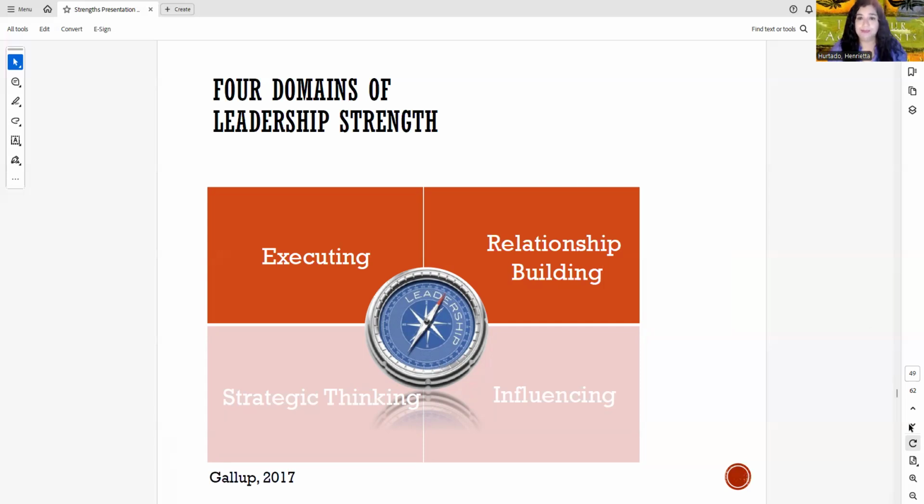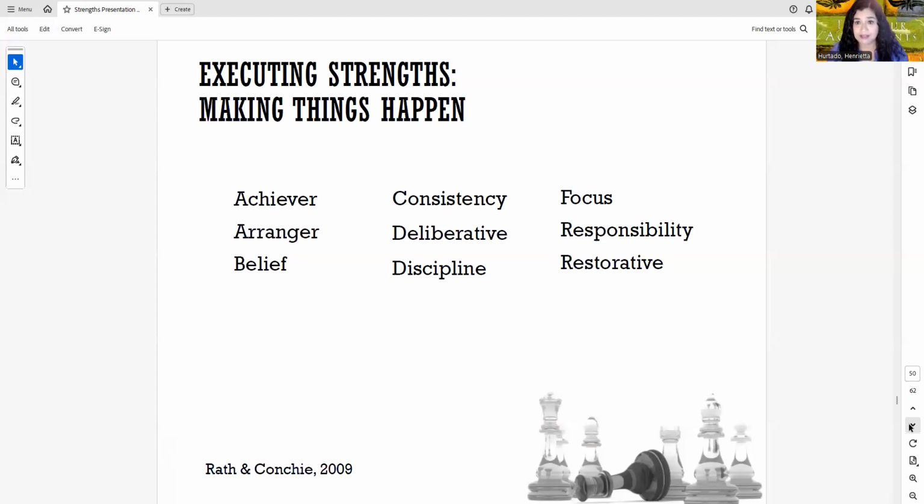For example, executing strengths could be explained as people that make things happen.